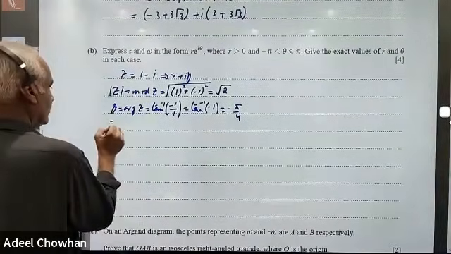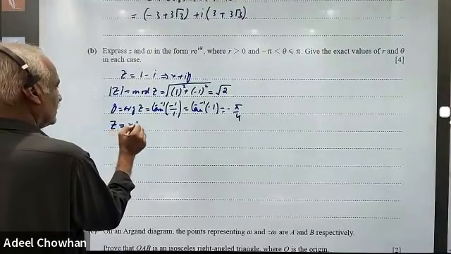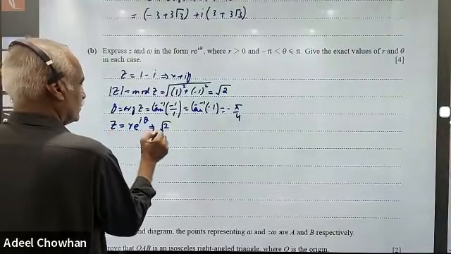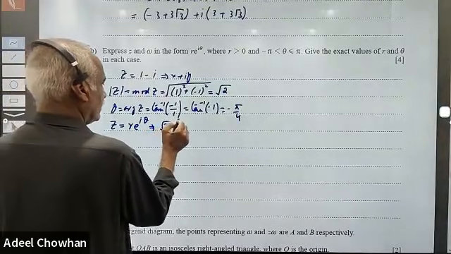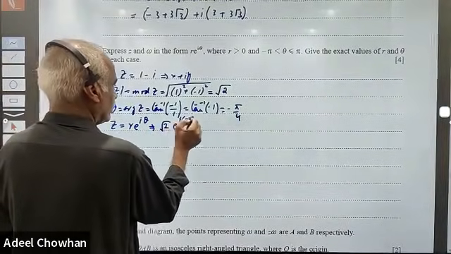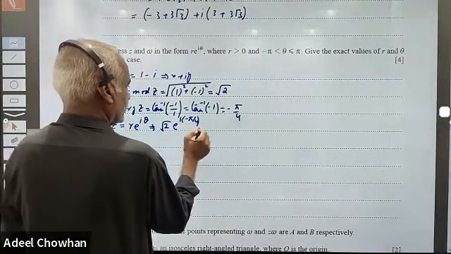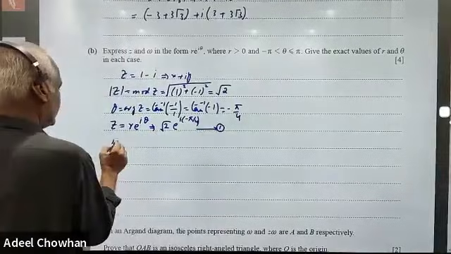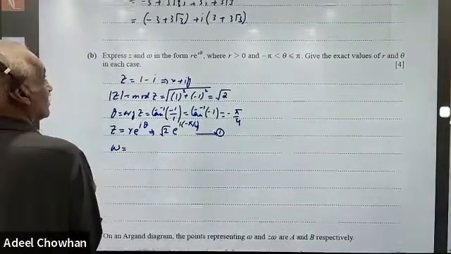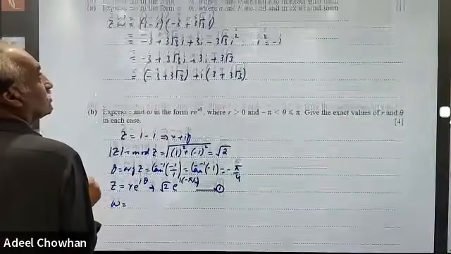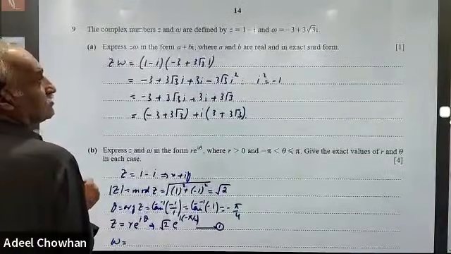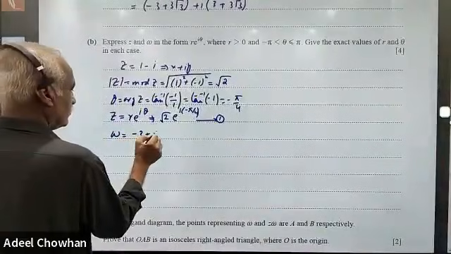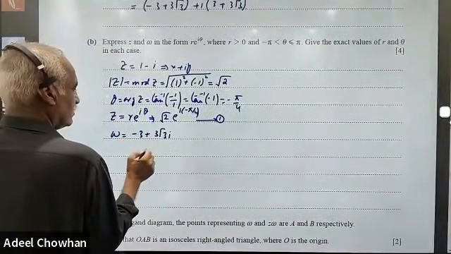So z is equal to r into e iota theta. So z is equal to square root of 2 into e iota power minus pi by 4. So this is the form of z. Now w is equal to minus 3 plus 3 root 3 iota.